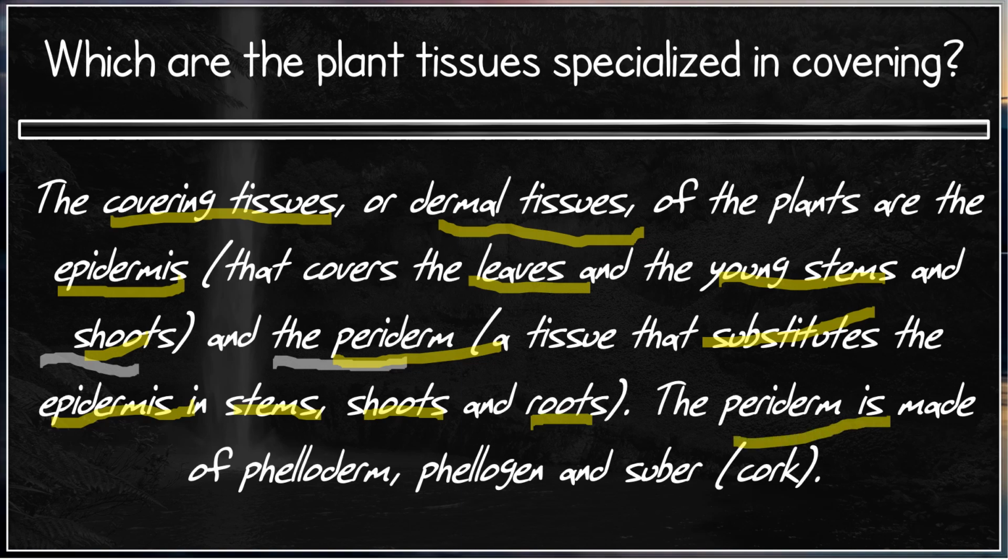The periderm is made up of phellem, phelloderm, and suber or cork.